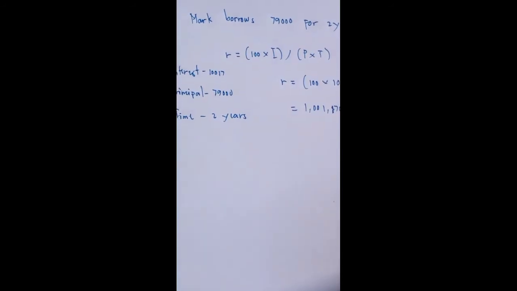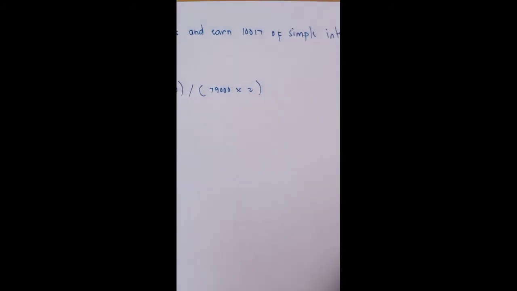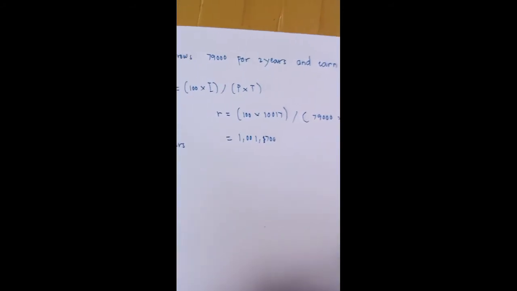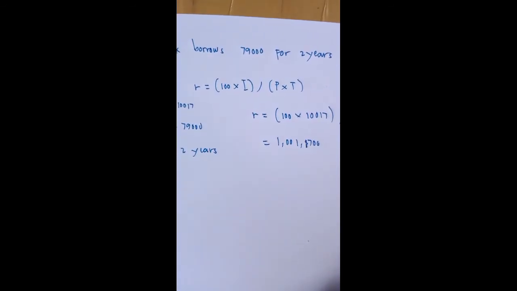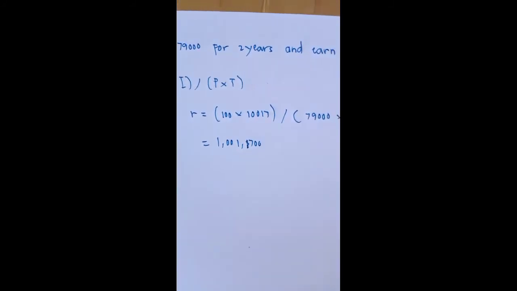Example number 6. Mark borrows 79,000 for 2 years and earns 10,017 of simple interest. Calculate the interest rate. So we need to find the interest rate. The formula will be rate equals 100 times interest divided by principal times time.